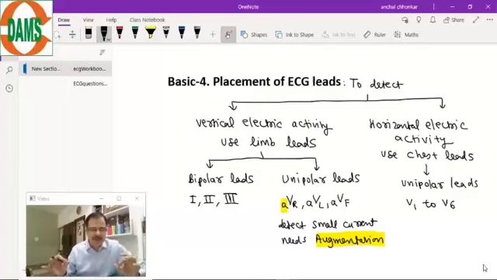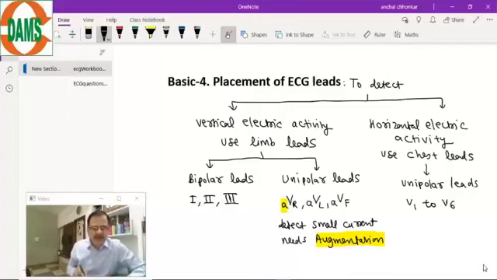Here you can see what we want to detect: the vertical electrical activity, from the SA node to the apex. This is a vertical plane, and we will use the limbs for it.